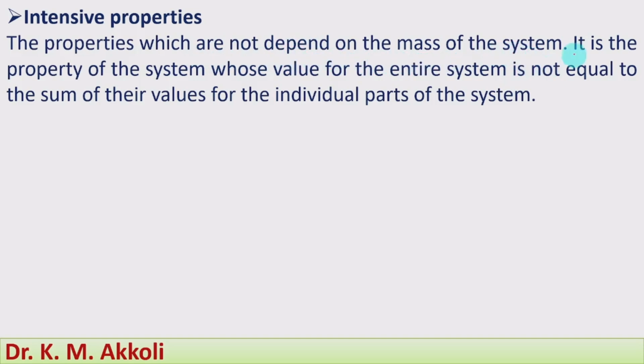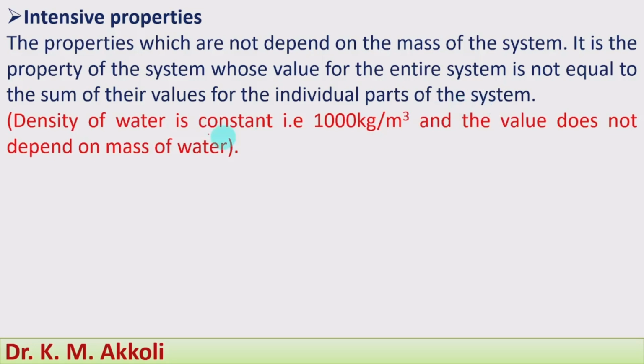It is a property of the system whose value for the entire system is not equal to the sum of their values for individual parts of the system. The summation of each part's property will not equal the total of the system. That is not true for intensive properties.